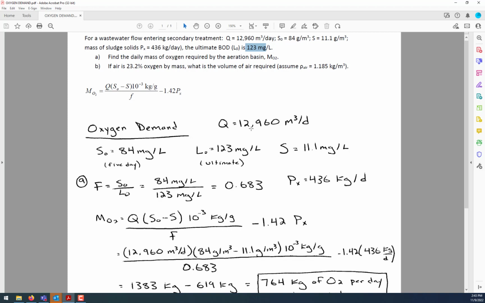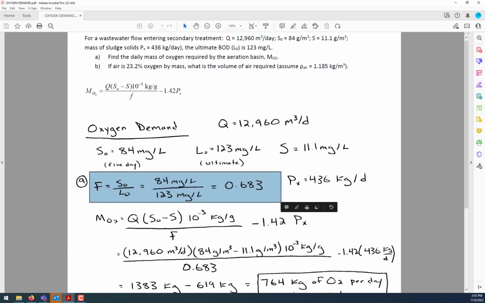So first of all, we find the ratio of the ultimate BOD to the 5-day BOD, and you can see that the 5-day BOD only represents about 68.3% of ultimately how much oxygen is required to break down this BOD.